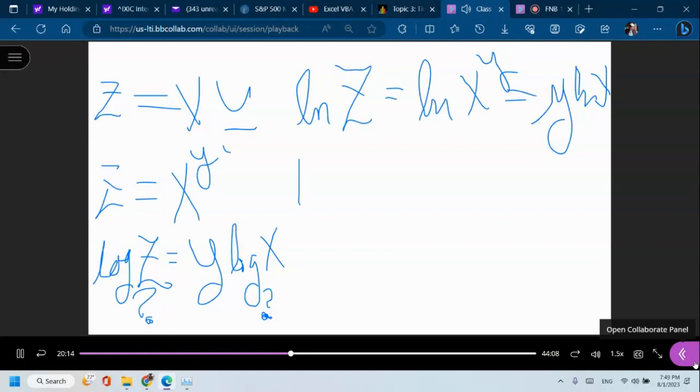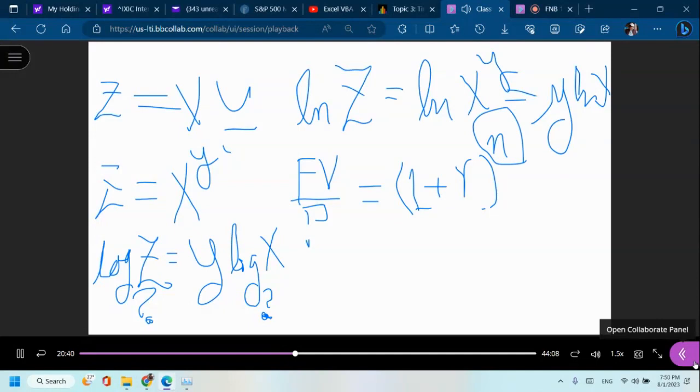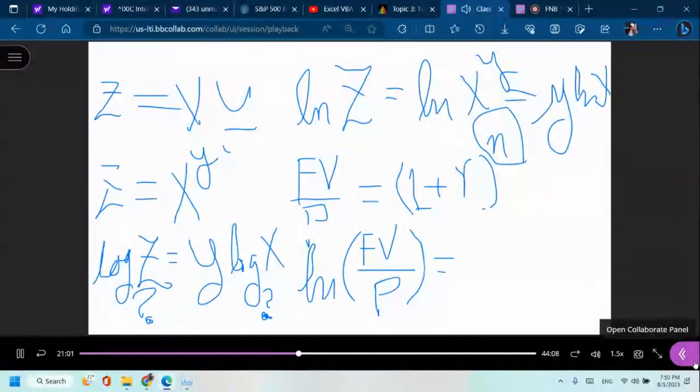We have FV over P on the left-hand side, and then we have 1 plus r raised to n on the right-hand side. And to solve for n, we log linearize, or we take natural log on both sides. So we have natural log of FV over P, and then n times natural log of 1 plus r.